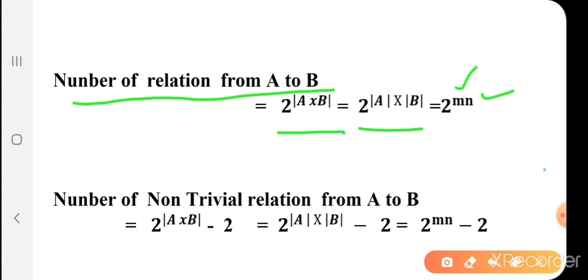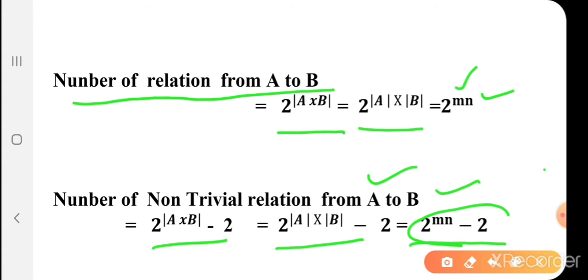So we exclude these two relations. The number of non-trivial relations from A to B is 2 to the power |A × B| minus 2, or 2 to the power |A| times |B| minus 2, or 2 to the power mn minus 2. So the number of relations minus the trivial relations equals the number of non-trivial relations.